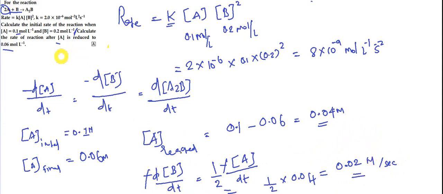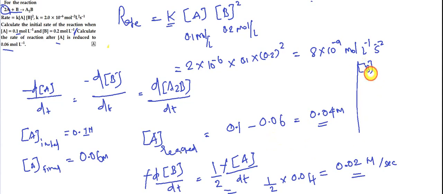So the initial concentration of B is 0.2 mole, right? The amount reacted with A is 0.02 molar. So let us get the final concentration of B. Let me work it out here.